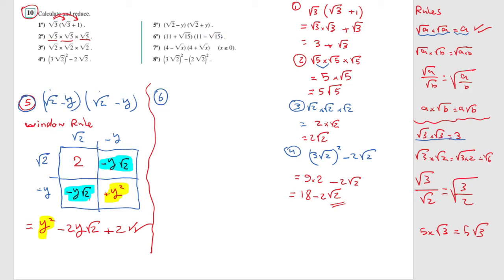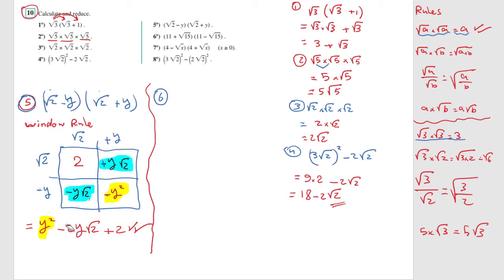Okay, wait a moment, I think I made a mistake. Yes, I made a big mistake. It's radical 2 minus y into radical 2 plus y. So this should be plus, and this should be plus only. This is the mistake, and this should be minus. It's a big mistake, huh? This should be minus.